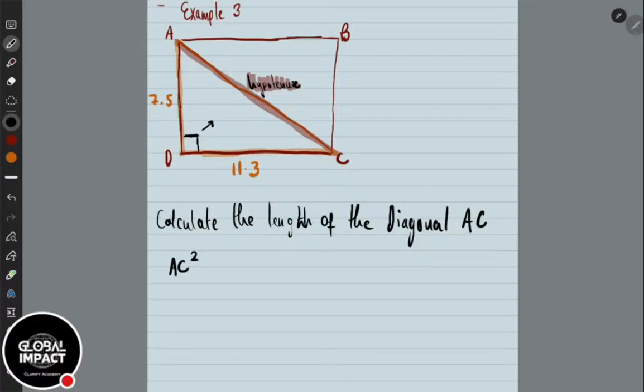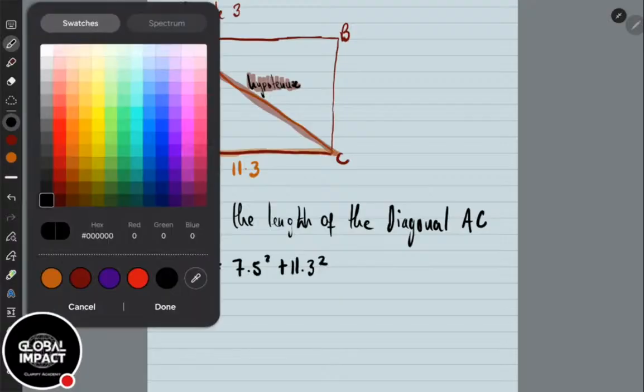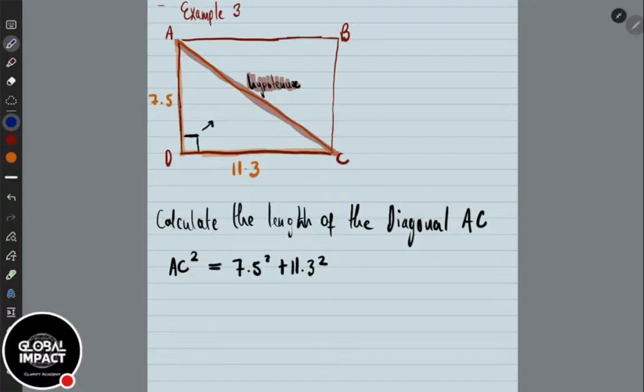So AC squared will be now equal to the other two: 7.5 squared plus 11.3 squared. Great job. Now to get AC, we take this squared to the other side. It becomes square root of 7.5 all squared plus 11.3 all squared. Put it inside brackets.